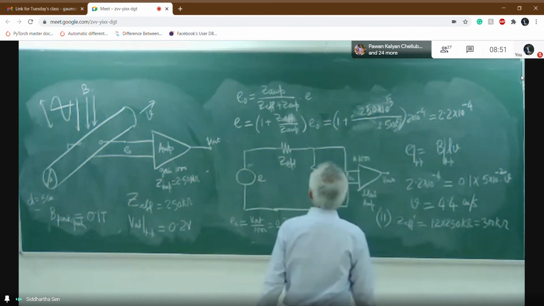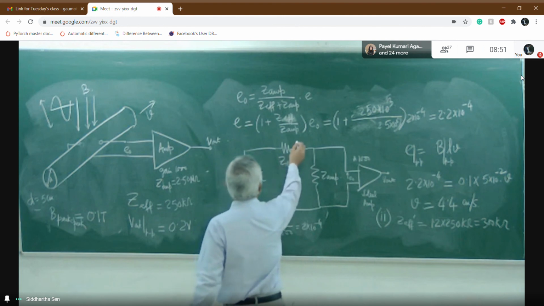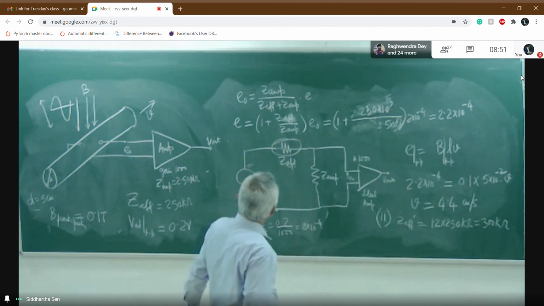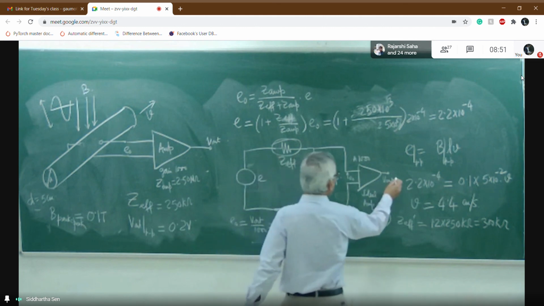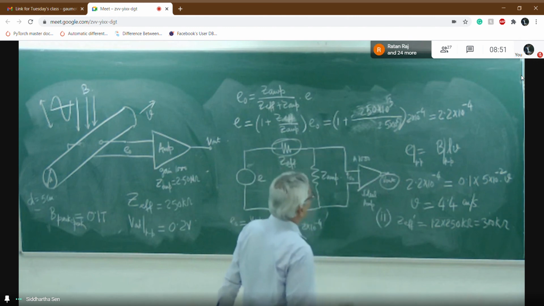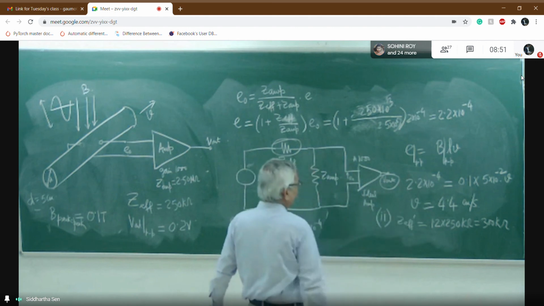So naturally what is happening is that this E remains the same, but this one has a different conductivity. This one is increased. So naturally, what would be the value of the V out and how much would it change? So the same thing I will go in the reverse direction.